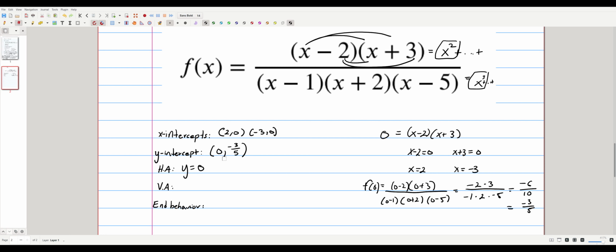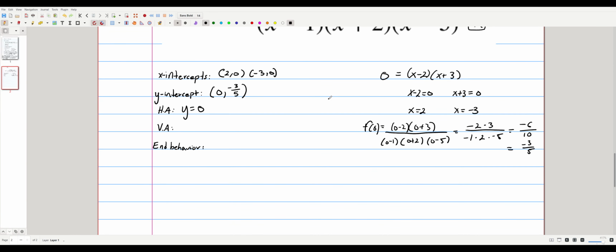But when we have a fraction, we can't ever have a 0 on the bottom because division by 0 is not allowed. And so really what we need to do is kind of like what we did for the x-intercepts. For the x-intercepts, we took the top, we set it equal to 0 to find our x-intercepts. For vertical asymptotes, you take the bottom of the rational function, set it equal to 0, and solve.